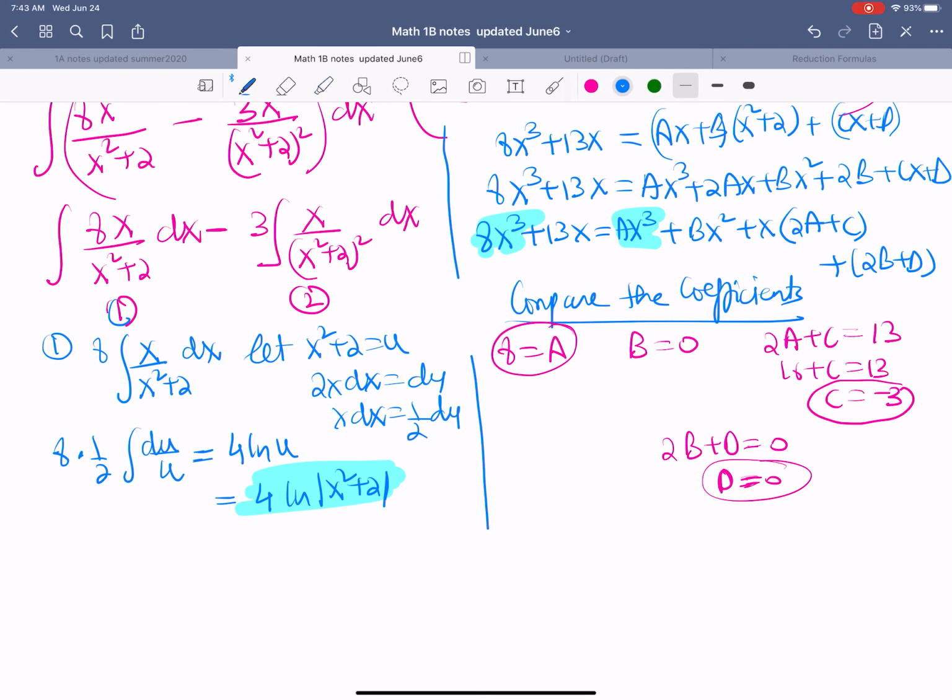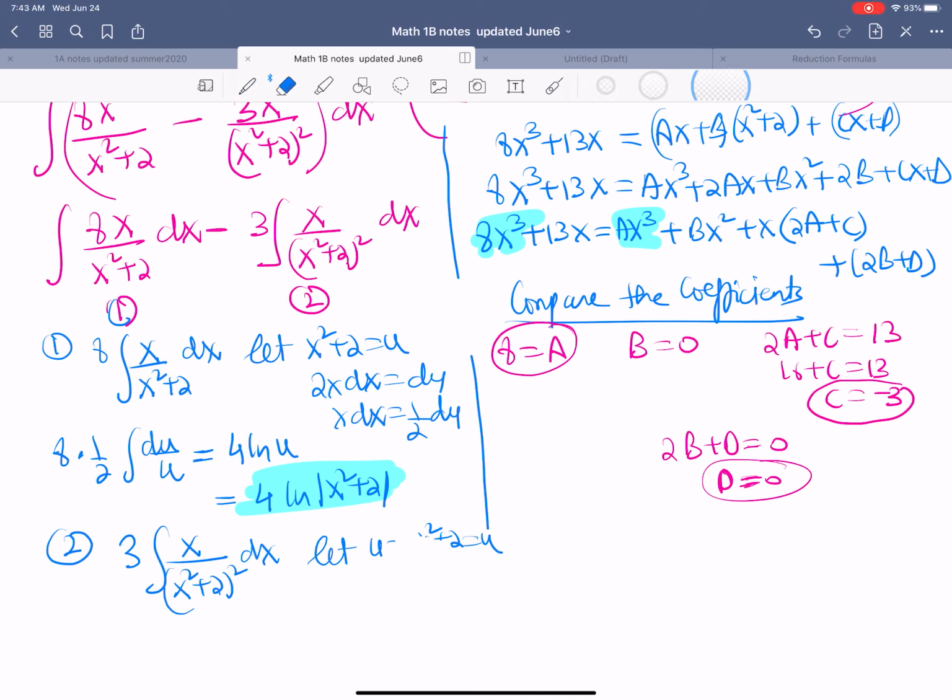The second piece of my integral is 3x over (x squared plus 2) to the second power dx. Again, I'm going to let x squared plus 2 be u. I did not mean to touch the eraser. Let x squared plus 2 be u, 2x dx be du, x dx be 1/2 du.